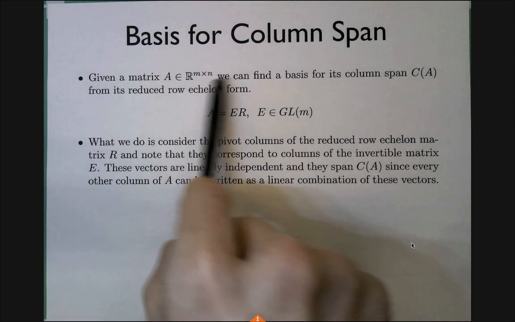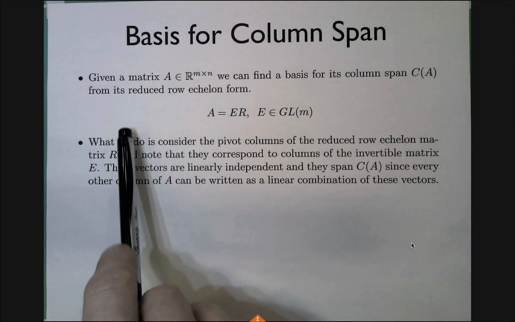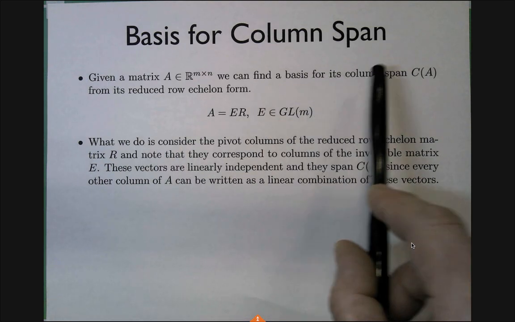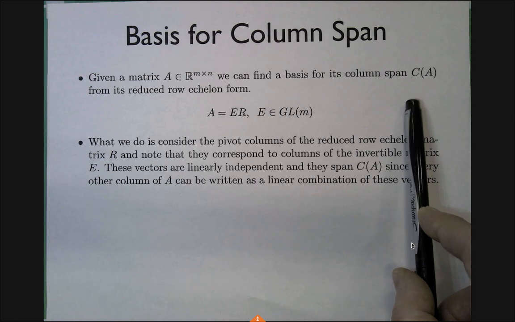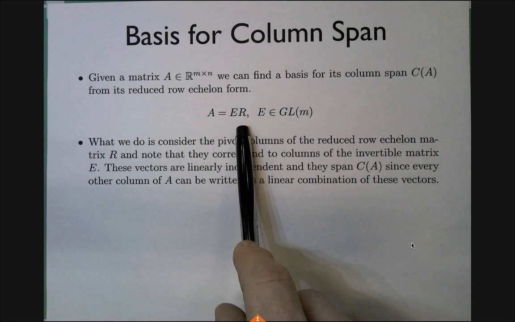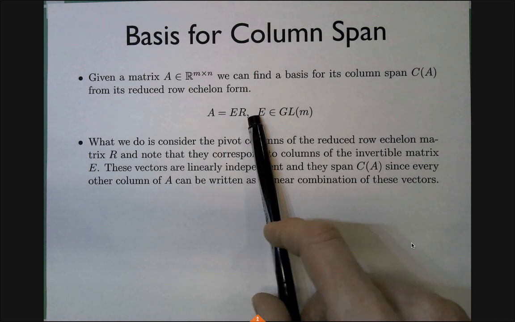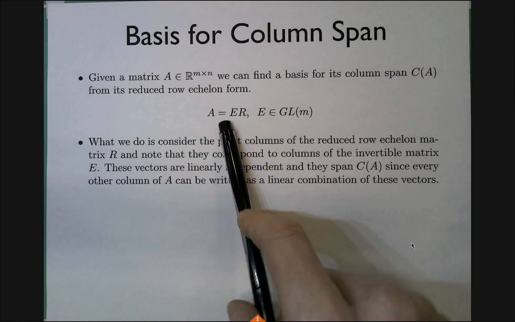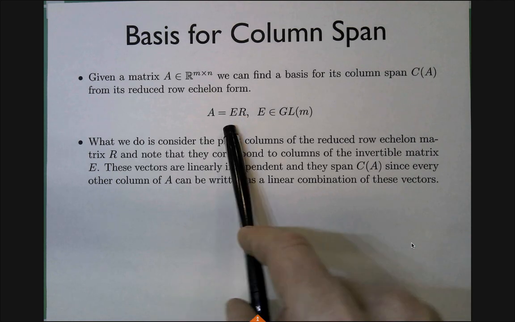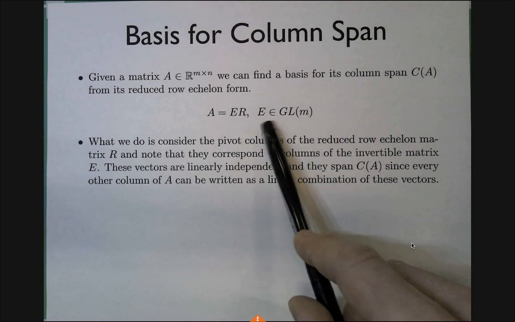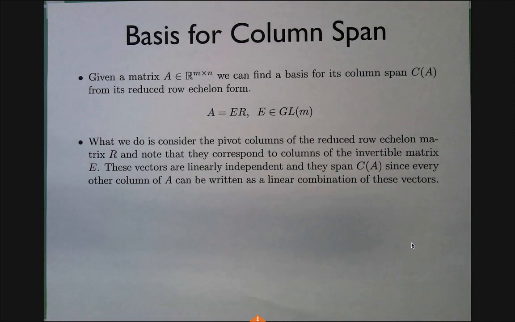Every matrix has some column span, all linear combinations of its columns, and it's a linear subspace, so it must have some basis, right? And I wonder how we can find it here. The way we do it is by reducing the matrix to the reduced row echelon form, that will be R, by doing elementary row operations E. So again, here E is the invertible m by m matrix.